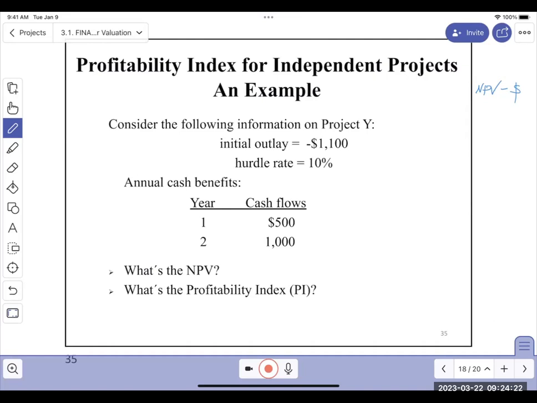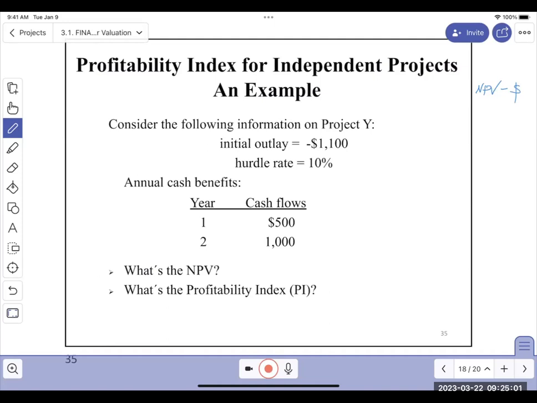But what's the problem with NPV? Why do we even look for other methods? What's the problem with NPV? No idea.